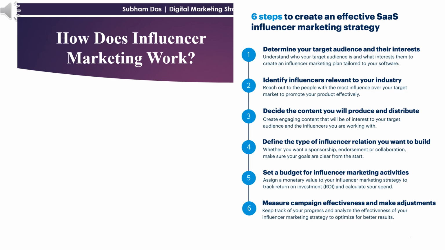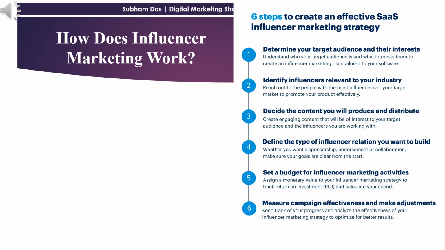So all these are the six steps towards influencer marketing. That is very common with any other marketing strategy. It's just a little bit modified from the influencer marketing perspective.